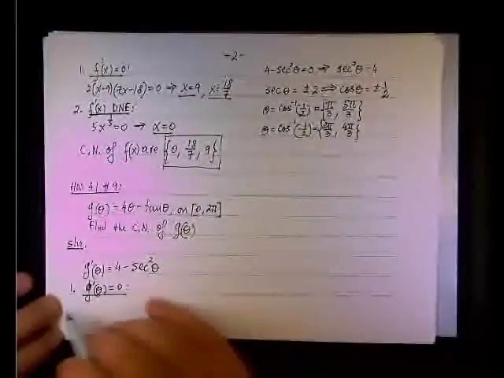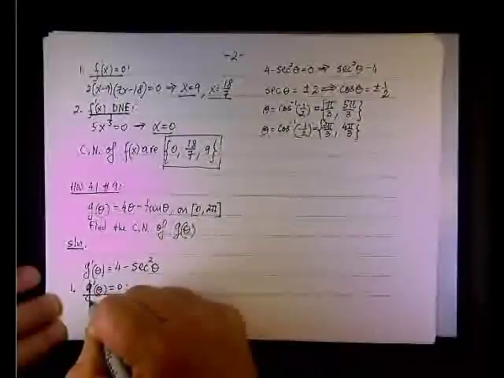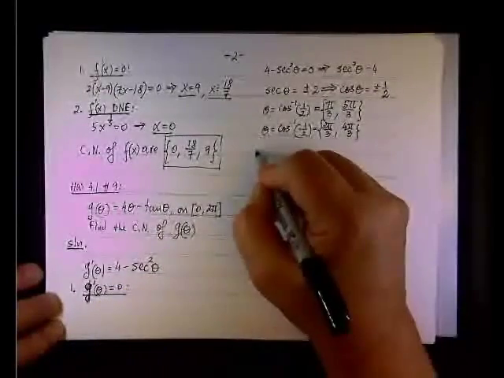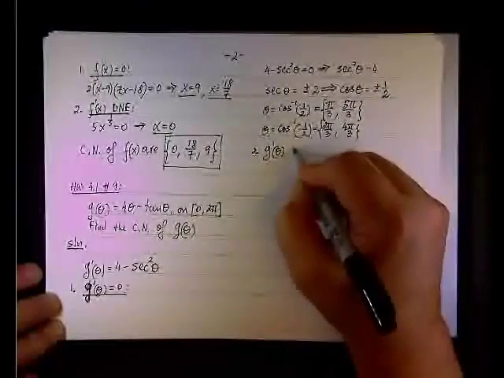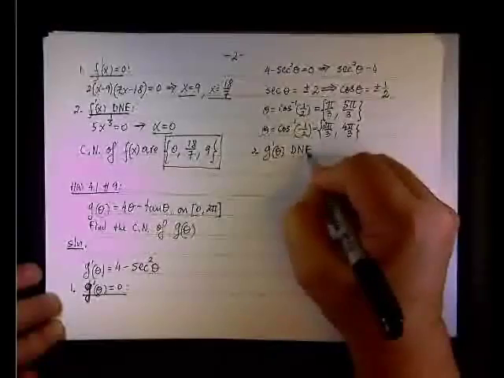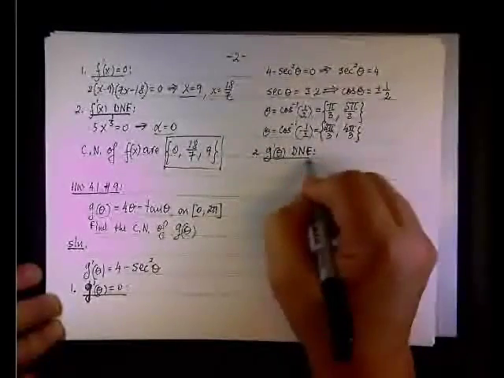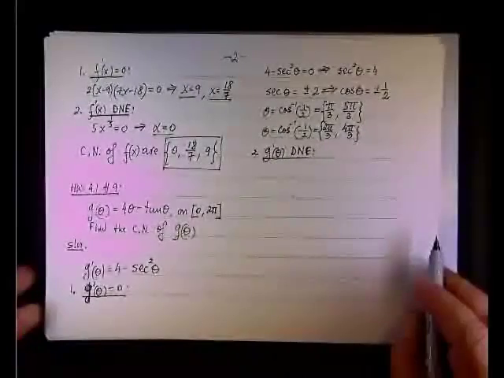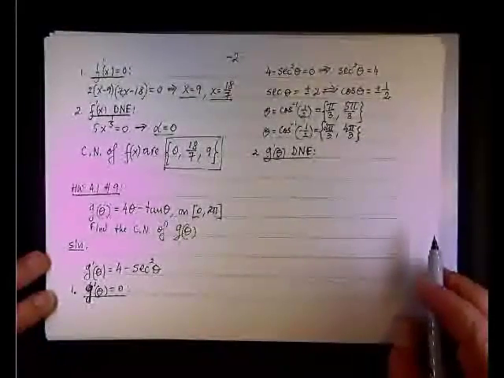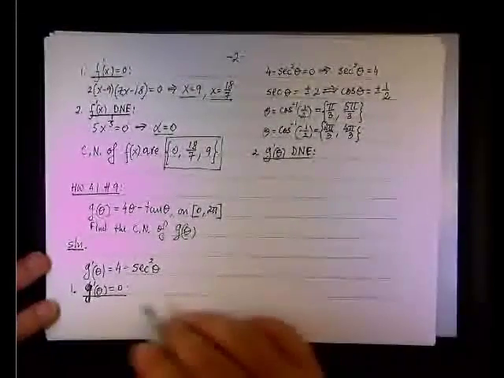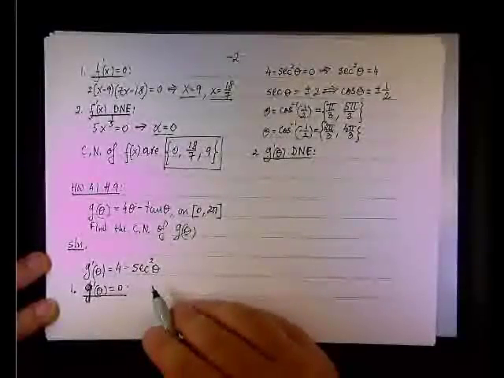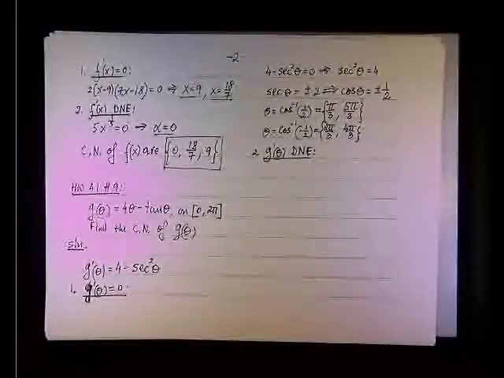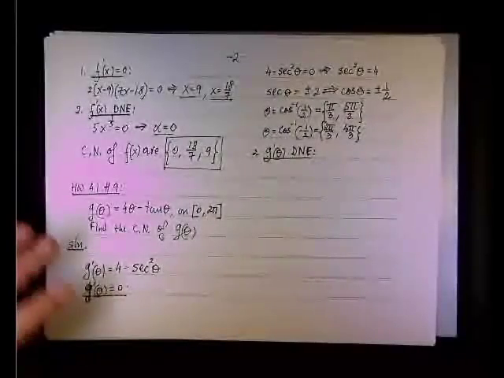Now, this is the case where the derivative equals 0. The second case is the derivative does not exist. Same as we did in the homework problem number 9. So where the derivative does not exist, we're looking at 4 minus secant squared. So it means that the secant squared does not exist, or the secant does not exist.